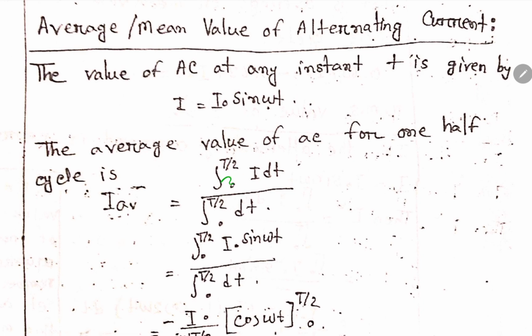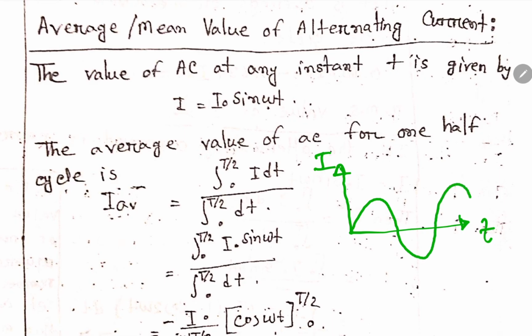An interesting question that might pop into your head is, why did they take the limit from 0 to T by 2? You have to look at the graph for that. The sine curve has this nature: it starts from 0, goes to a peak point, then goes back to 0, then to a lowest point, then again to 0 and then to the highest value.